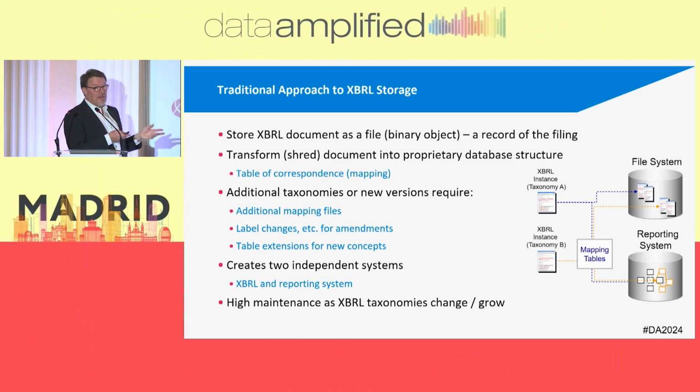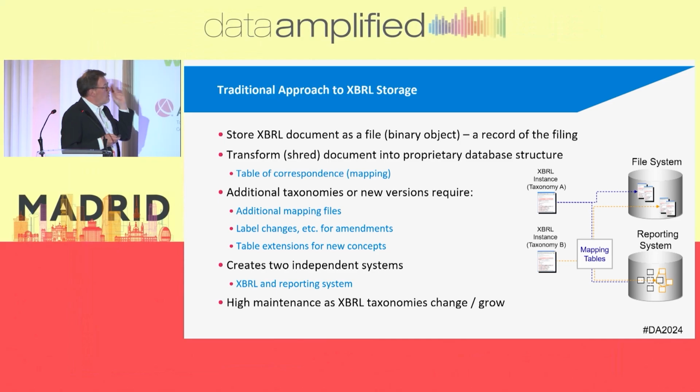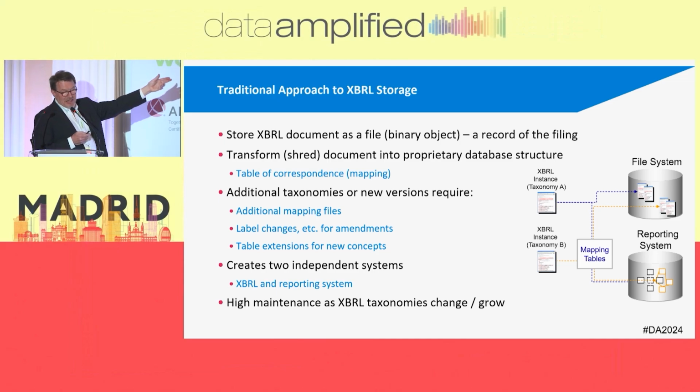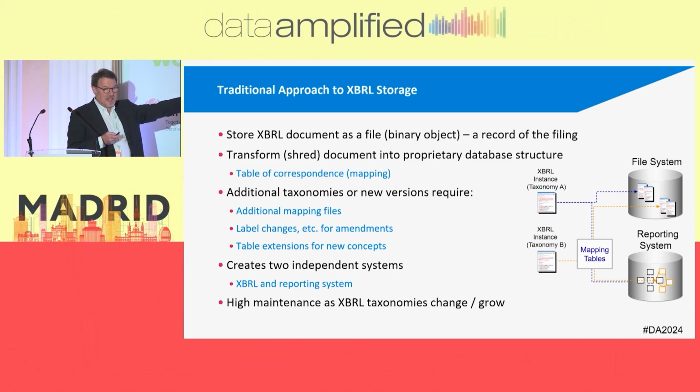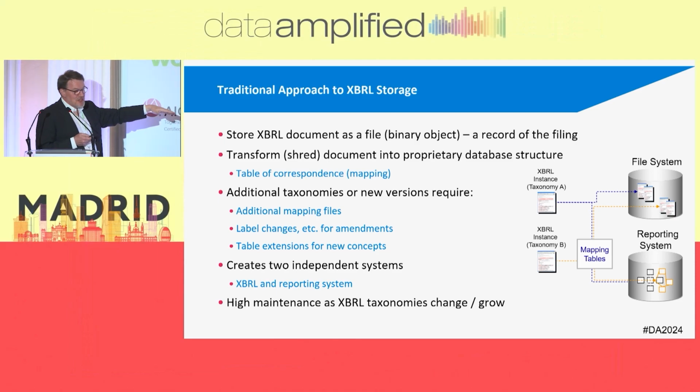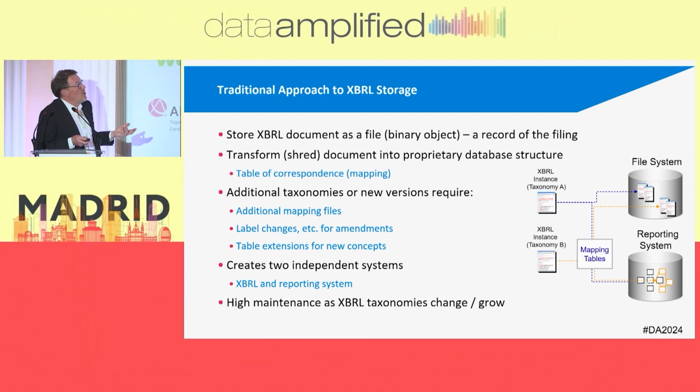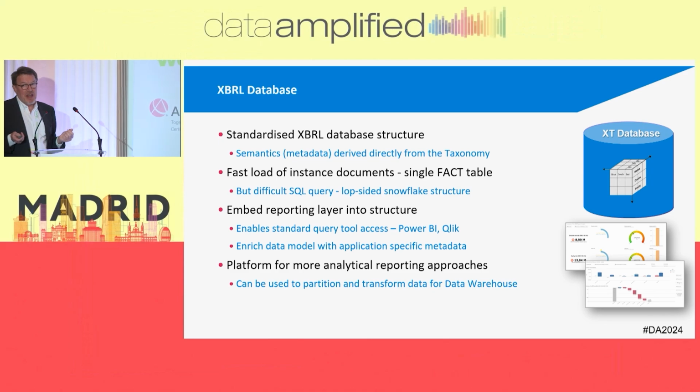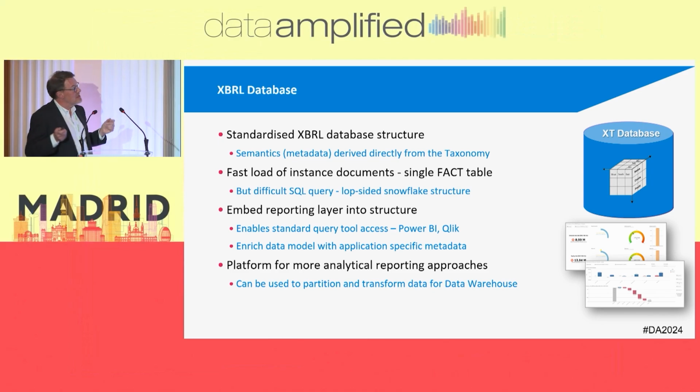It's okay if you've got one and the taxonomy doesn't change a lot, but if the taxonomy changes, that's when all the work starts. So it creates two independent systems, which is always a problem because the second one doesn't really keep the semantics, and it's also very high maintenance. So these are the kind of issues that all the vendors probably in this room have been playing with over the last X years.